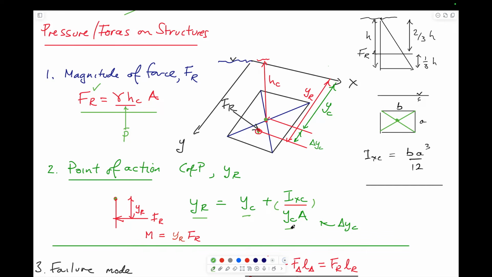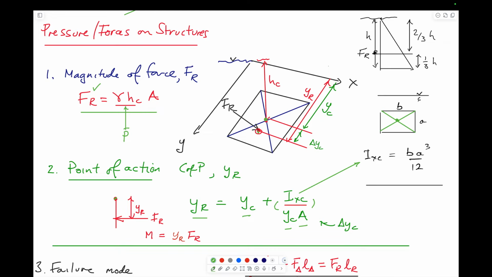So this is the slope distance, this is the area of the plate, and this is the second moment of area around the x-axis of the centroid. And this is a standard result, and one of those standard results is just this for a rectangular plate, and we have talked about it also for a circle in class.